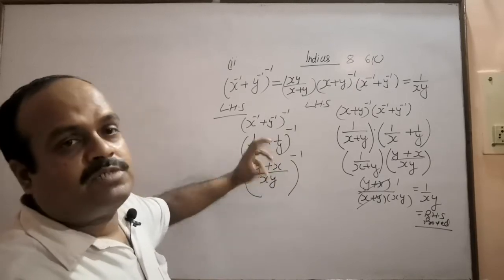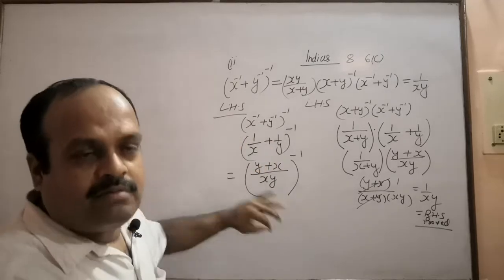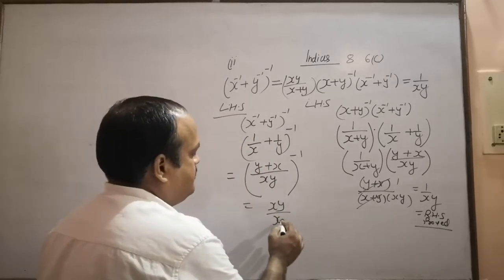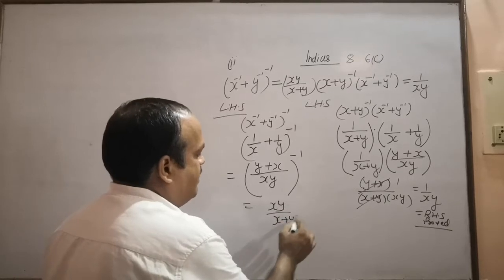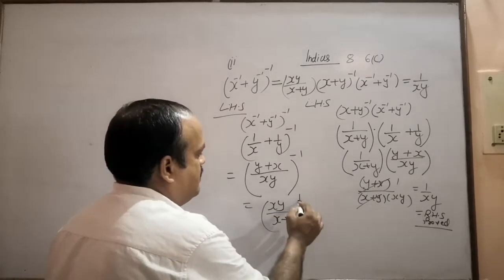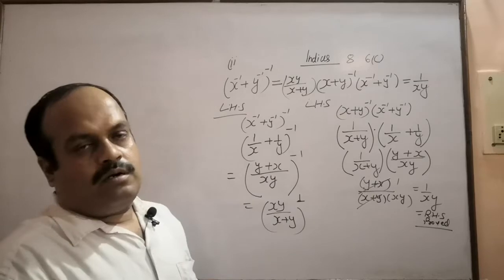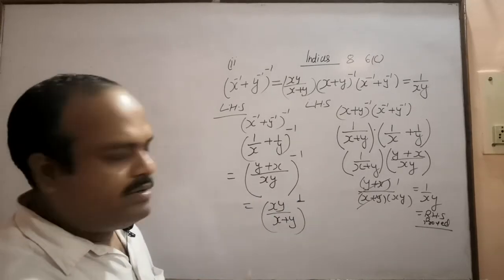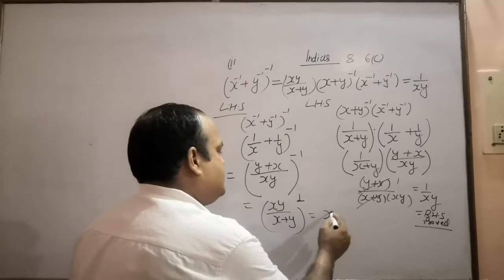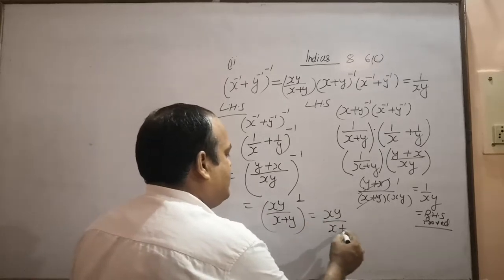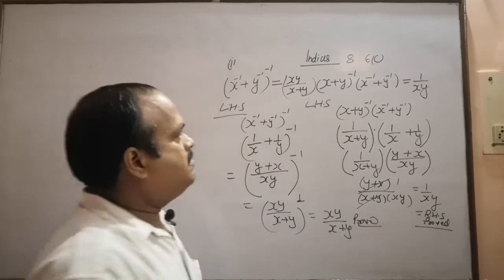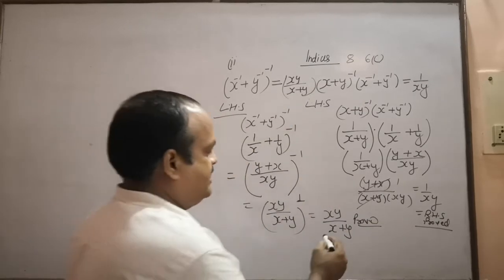So reciprocal of this fraction will be xy upon x plus y. I have told you that we don't write the power 1. If you write, no problem, but it is actually xy upon x plus y, proved. RHS.